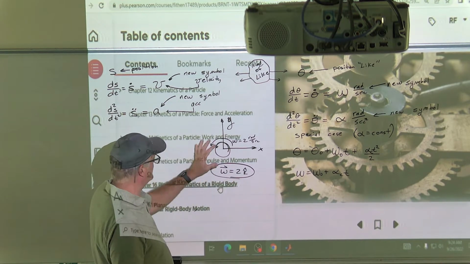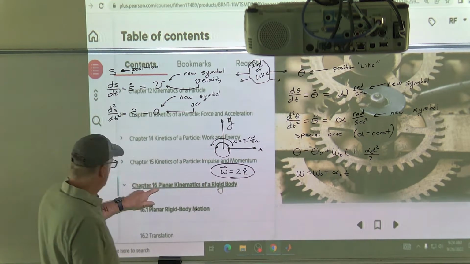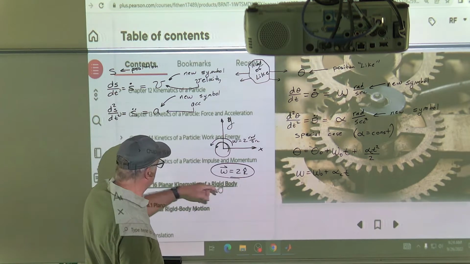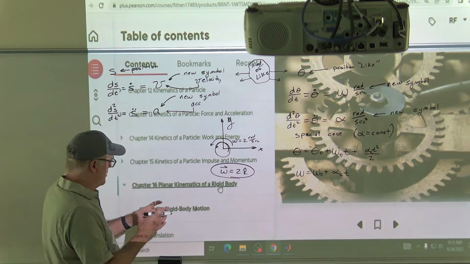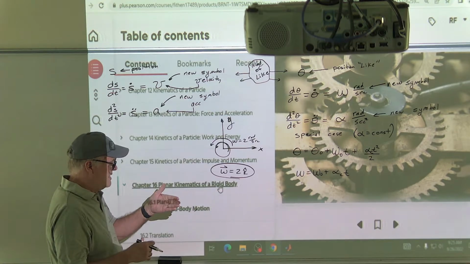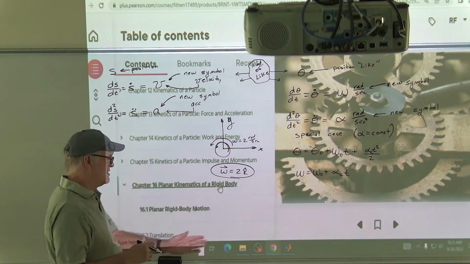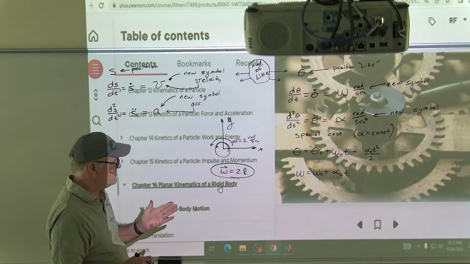And this is kind of strange to look at, but that's what, when he talks about planar kinematics of a rigid body, it means it's like a wheel, gear, something like that. Part of a car, part of a mechanism. And usually, not always, but usually when you're using a mechanism, you end up making it in a plane. Sometimes you can do something different.